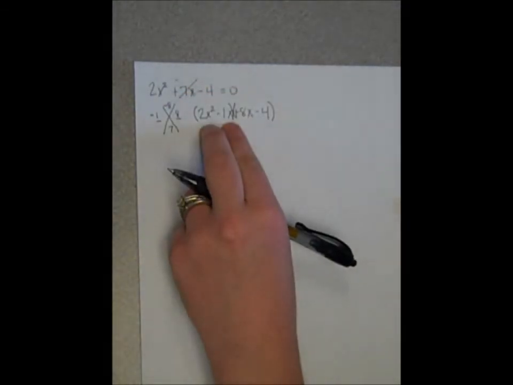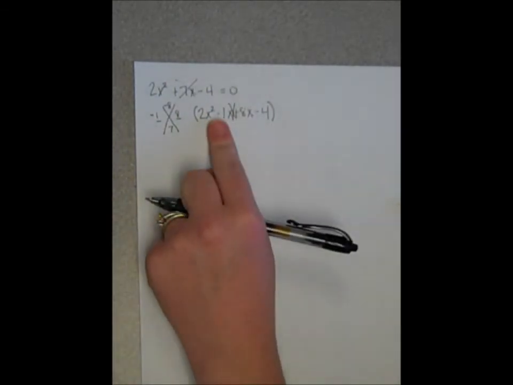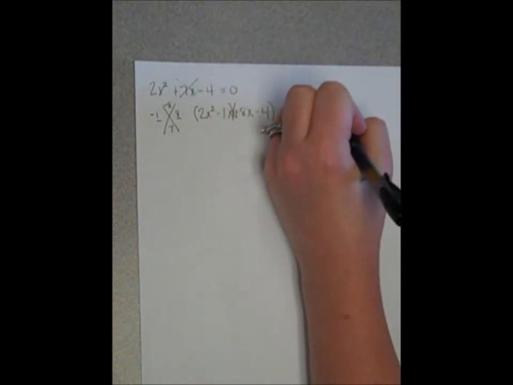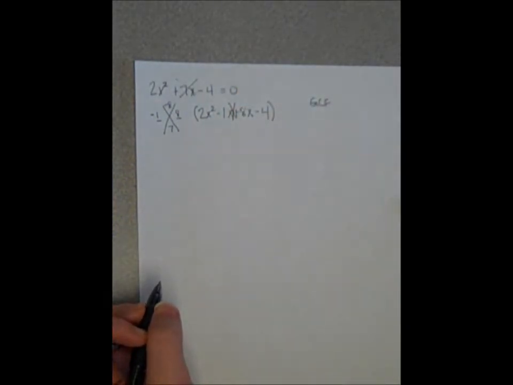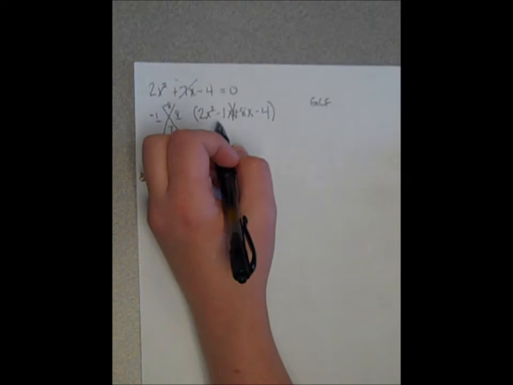Okay, so always first two together, last two together. Now within each parenthesis, you're looking for what we call, if you remember from elementary school, the greatest common factor. It just means everything they have in common, take it out. In the first parenthesis, there's always going to be an x. There has to be an x. Maybe there's 2x, maybe it's 3x, but it's always got to be at least x.